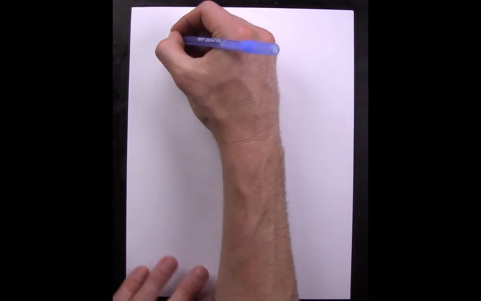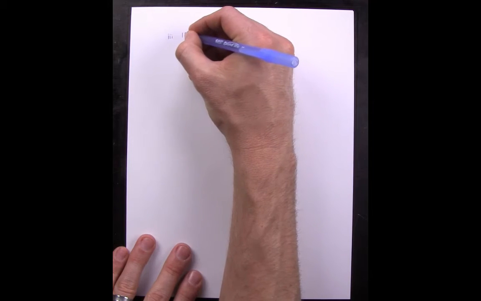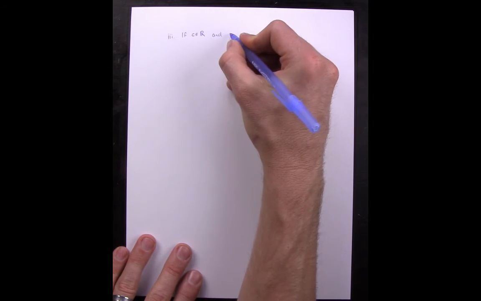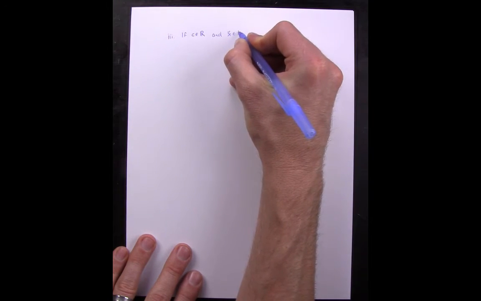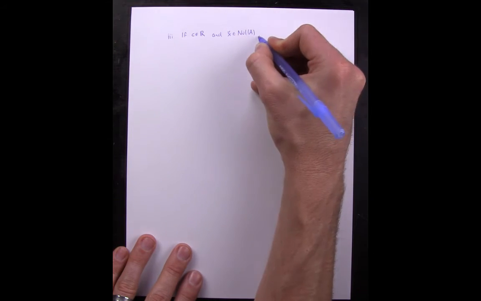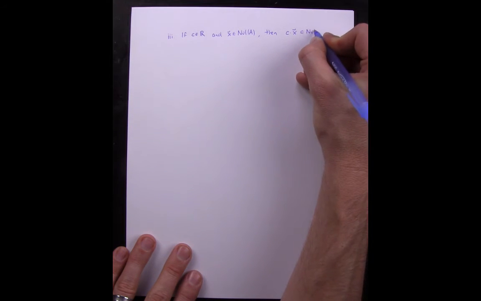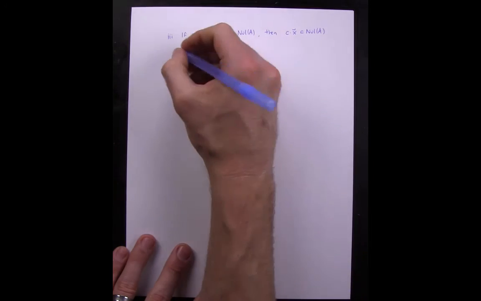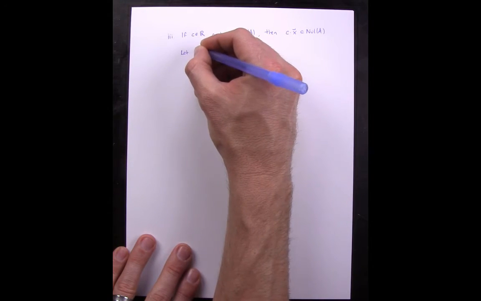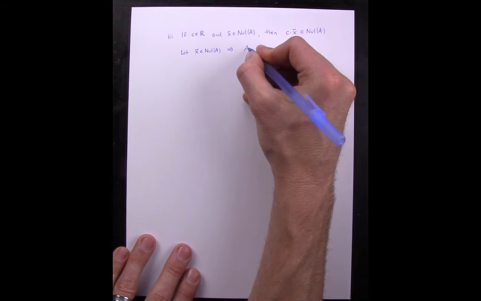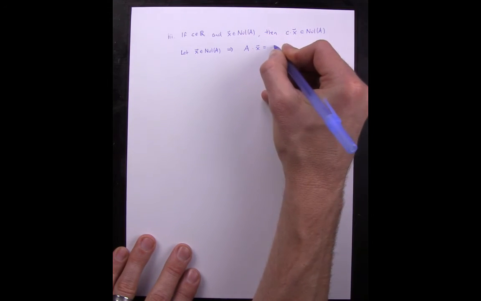Well, the third condition of the requirement to be a subspace says that if we start with any scalar and any vector in our subspace, in this case we'll just call it x, then the scalar vector product c times x must also be in our subspace. Well, we begin with the assumption that x is in the null space, which says immediately that if I multiply A times x, I will get the 0 vector.